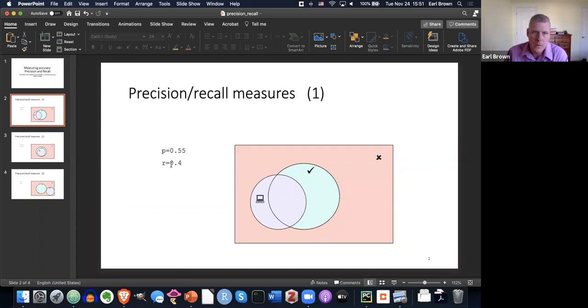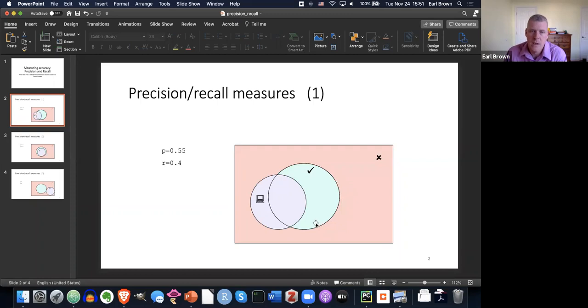Recall, R here, equals 0.4. Recall is, out of what you should have gotten back, how much of that did you get back? We should have gotten all of the green circle back, but we only got the part that overlaps with the purple circle, about 40% of the green circle.